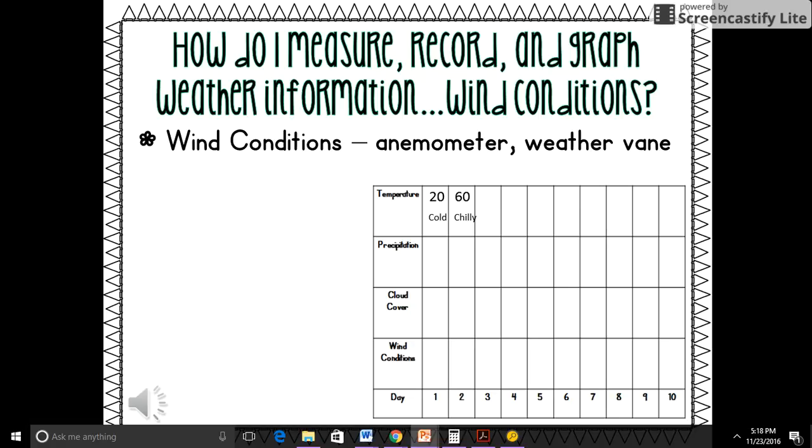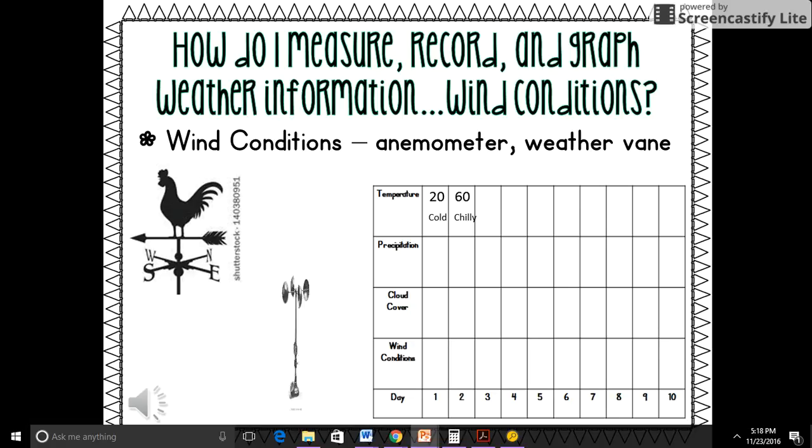This slide talks about wind conditions. As you see, there's a weather vane and an anemometer on this page, because that is how we measure the wind. Did you see how when the tools came in, the picture of the anemometer at the bottom was spinning?